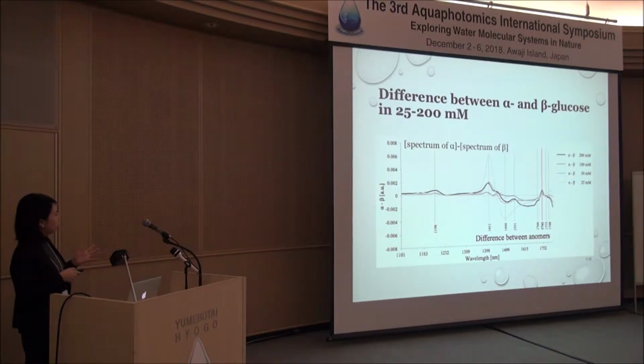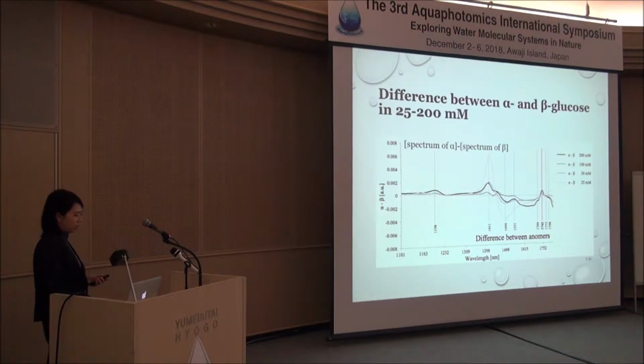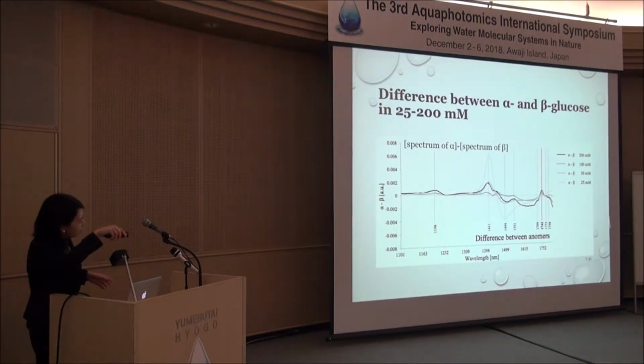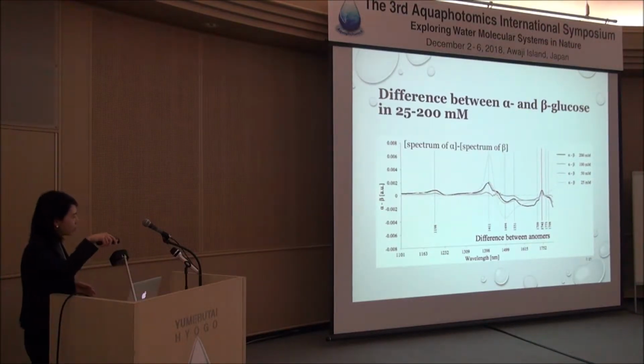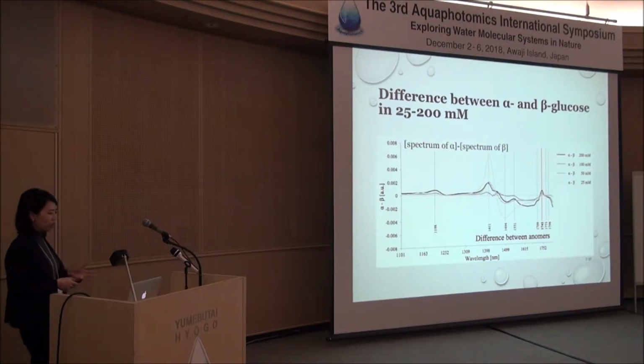So I show here the subtraction of the beta glucose anomer solution spectra from the alpha glucose spectra. So you can see the clear difference here at 1742 nanometer.